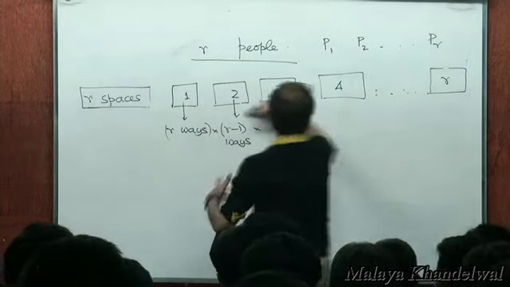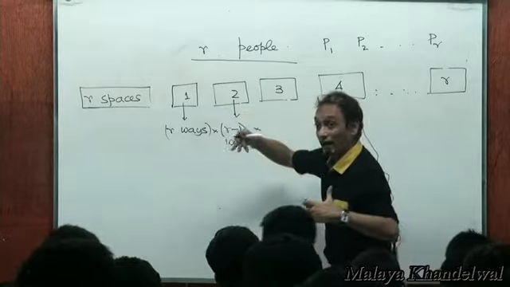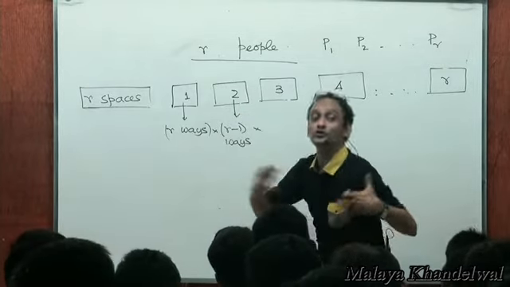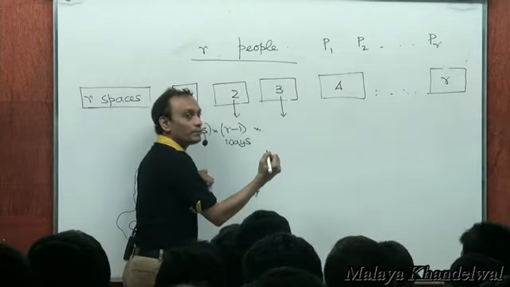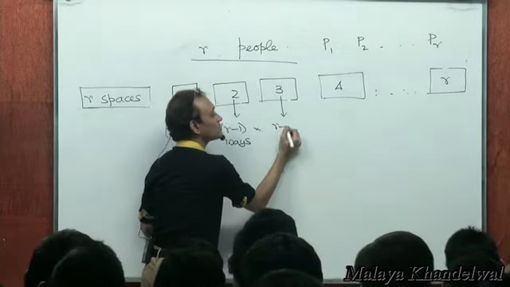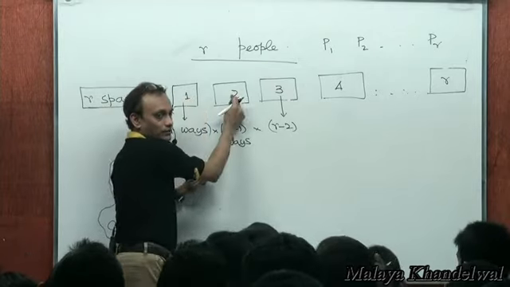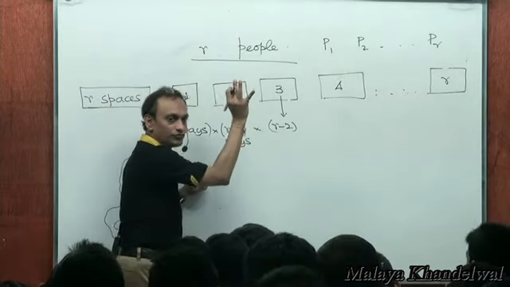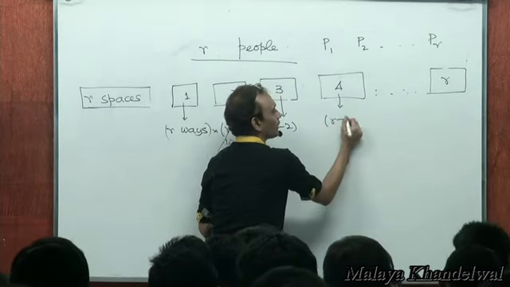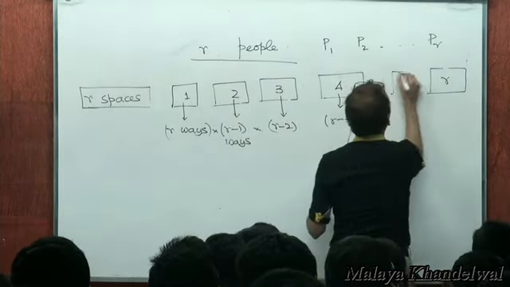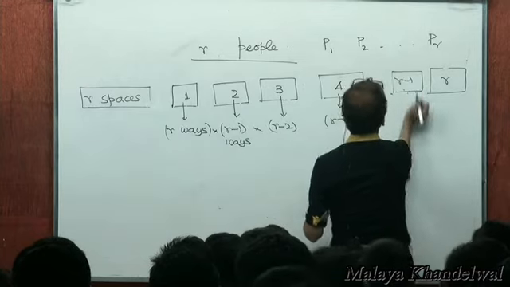That means to create this string, I'll have to fill up all the spaces 1 and 2 and 3 up to R. Space 3 could be filled up in R minus 2 ways because I've used up 2 people from R, so R minus 2 are left to fill space 3. Space 4, R minus 3.